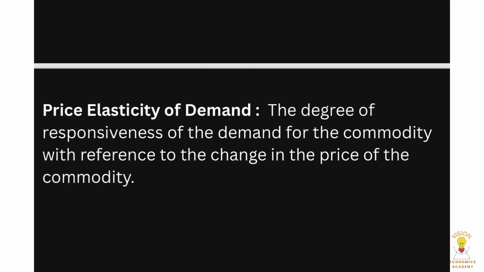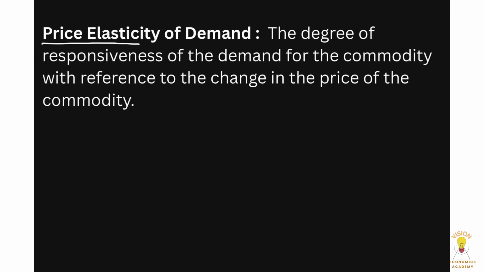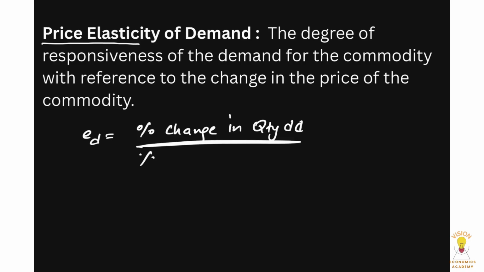Price elasticity of demand is the responsiveness of the demand for the commodity with respect to change in the price. The simple formula is the percentage change in quantity demanded with respect to percentage change in price. It's pretty simple, right?